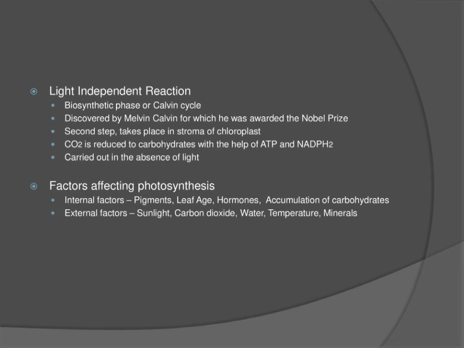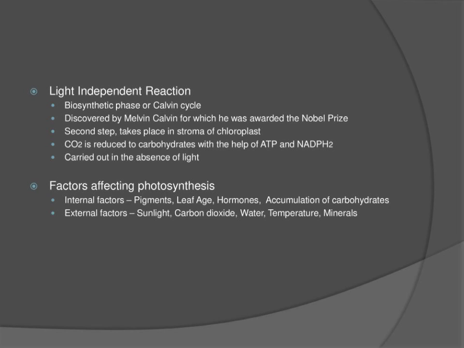Now, this is the second step. First step is light dependent reaction. Light independent reaction is the second step. It takes place in stroma of chloroplast. Here, carbon dioxide from atmosphere is reduced to carbohydrates with the help of ATP and NADPH2, which were generated from light dependent reaction. This is carried out in the absence of light.